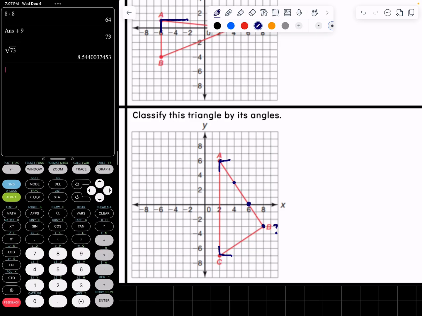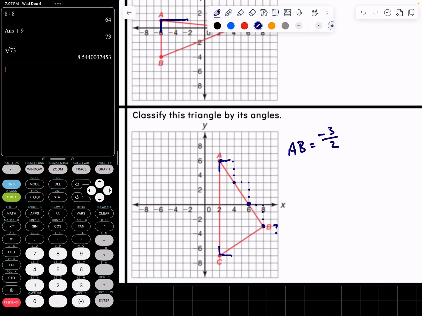I'm going up 1, 2, 3 over 2, up 1, 2, 3 over 2, up 1, 2, 3 over 2. So I'm going down to the right. So the slope of AB is going to equal, we're going down and to the right, down 3 over 2.